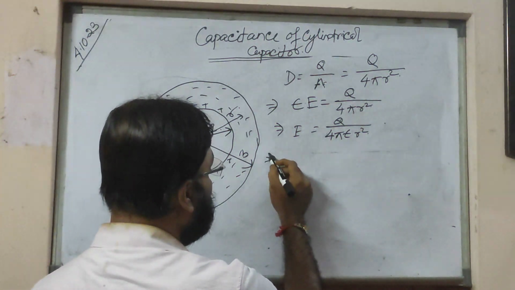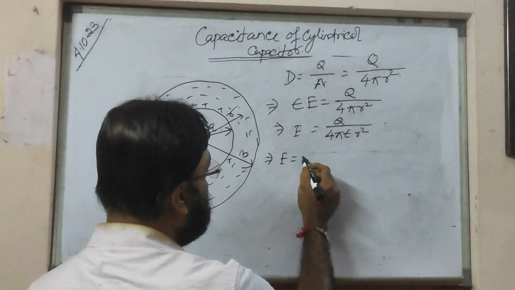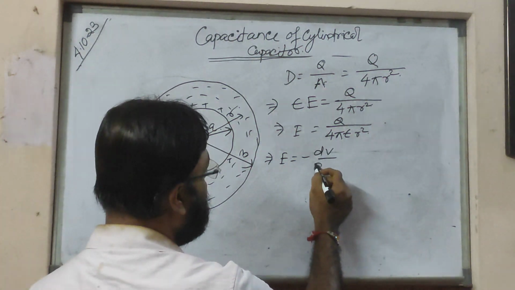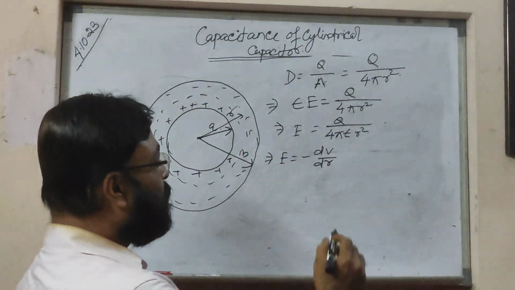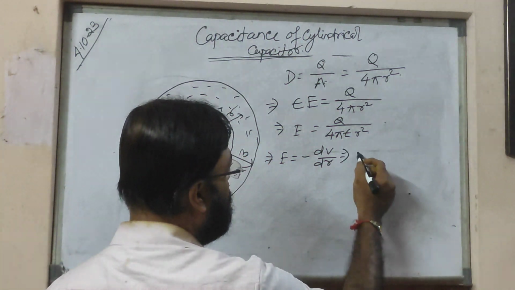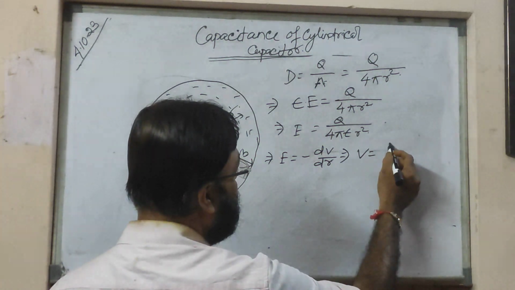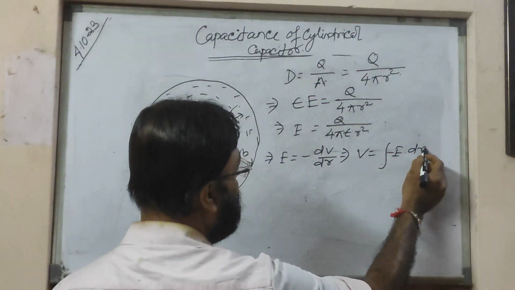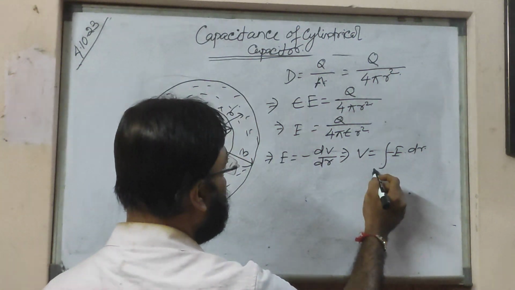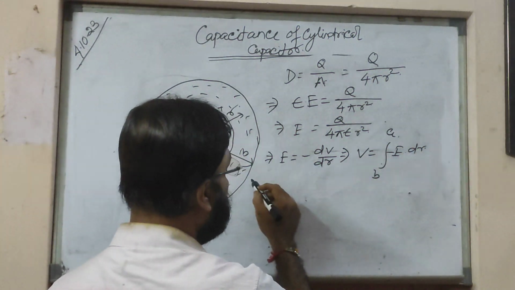So in this case, E is equal to minus dV by dr, because the variation is along the r direction. So that gives you V is equal to integration of minus E dr. So the limit will be from B to A.